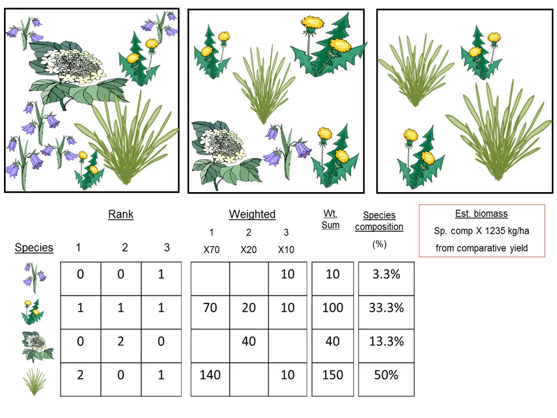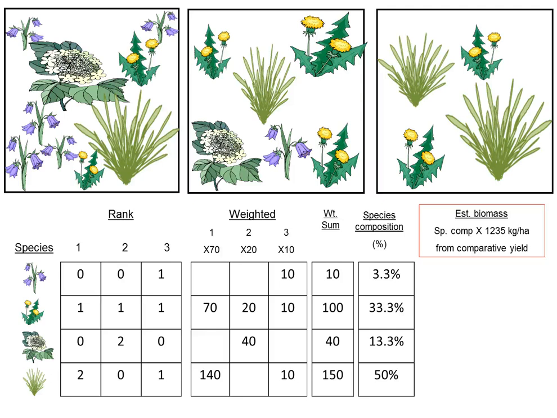Now we can use the dry weight rank information with the comparative yield information. Remember, we had an estimate of 1,235 kilograms per hectare from the comparative yield.